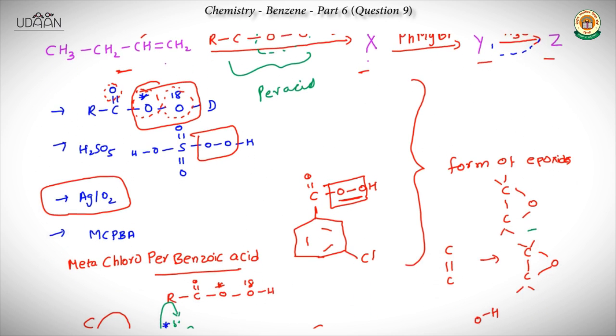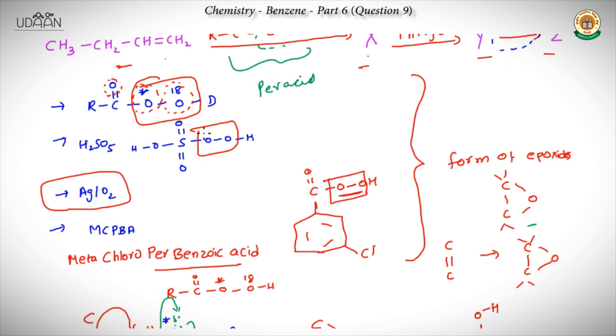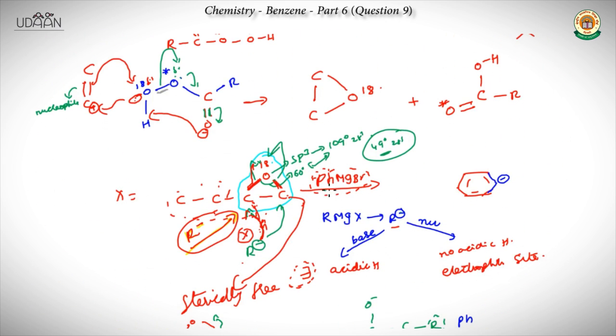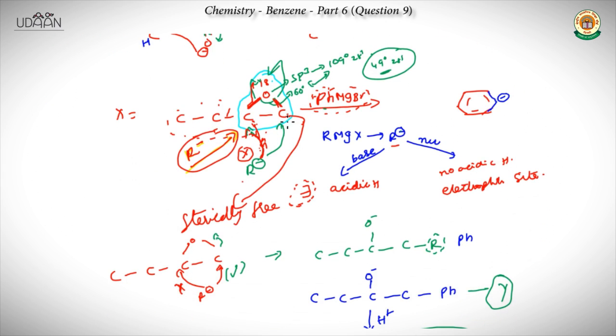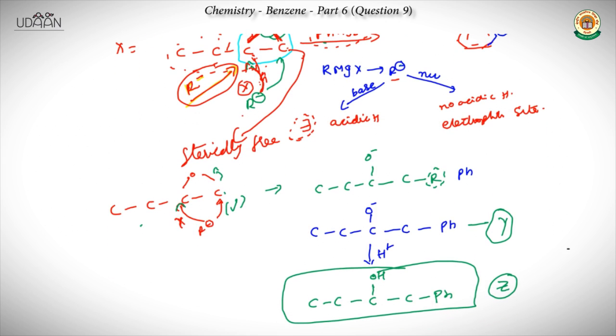So in summary, we saw how this attacks to give an epoxide, and we have seen the RMgX reaction, and we have also seen that it attacks on the sterically free side, and if it attacks from the other side, it will suffer steric repulsion. And finally we added H3O plus, that is, hydrolysis in acidic medium, and you have got OH as your final product. Now with this we are done with this question. Let's move to the next question.